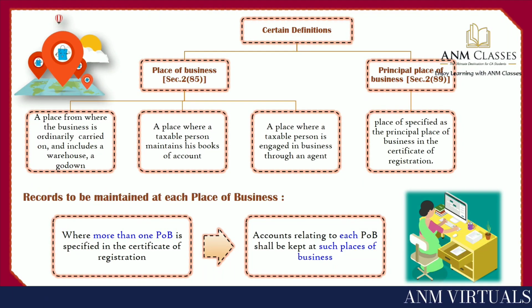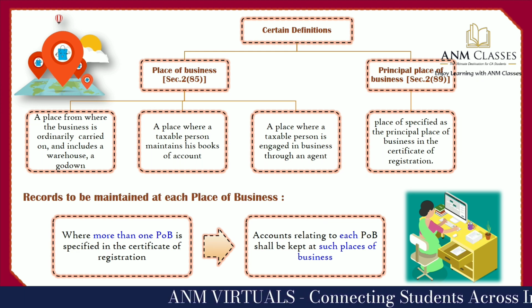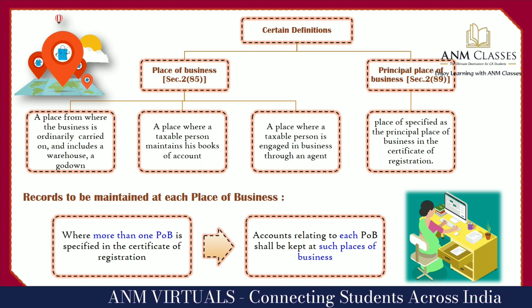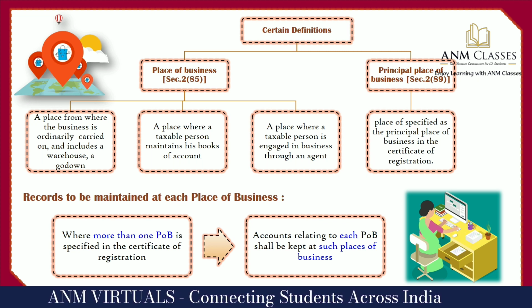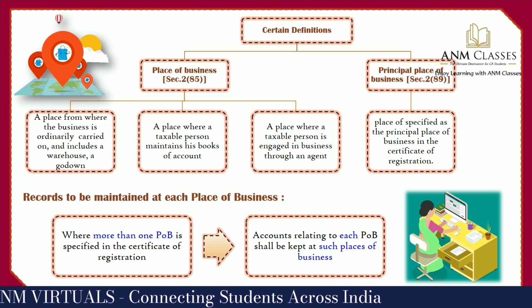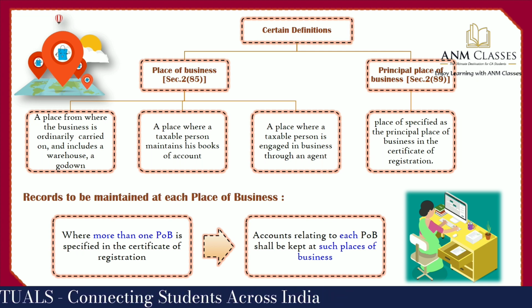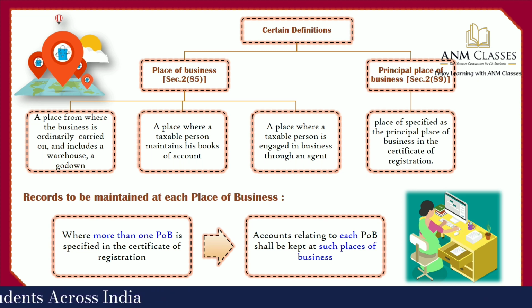We are having 2 concepts in GST. Number 1, place of business, and number 2, principal place of business. Sir, place of business generally means the place where you are carrying on your business. Yes or no? Principal place of business is the place you have mentioned in the registration.